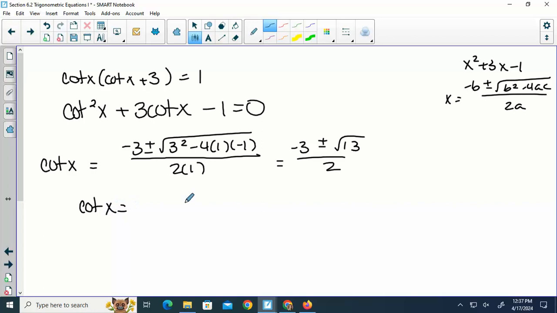Now, obviously, we don't have memorized when cotangent is this. So first, let's convert that into a decimal. If I did -3 plus the square root of 13, divided by 2, that is 0.30278.